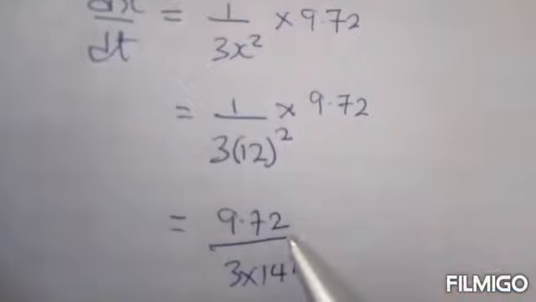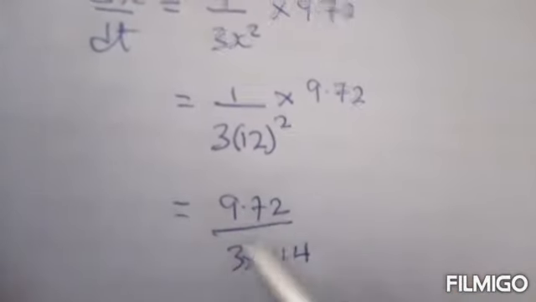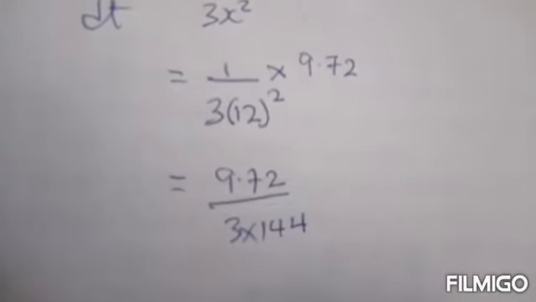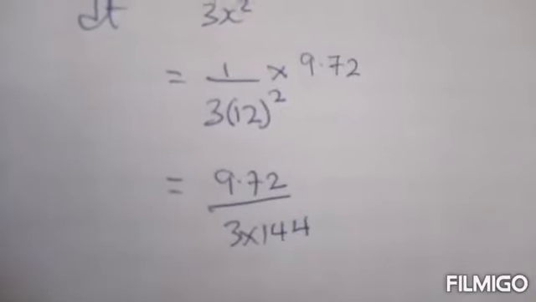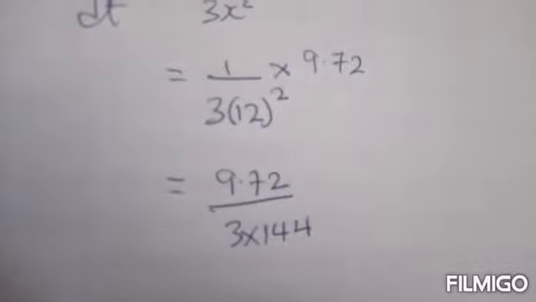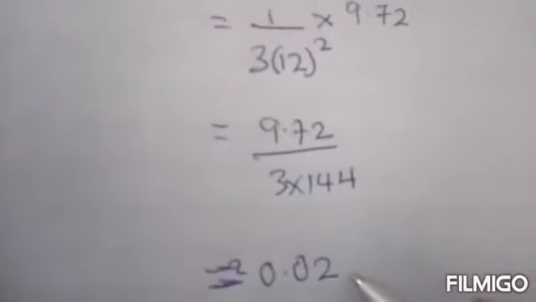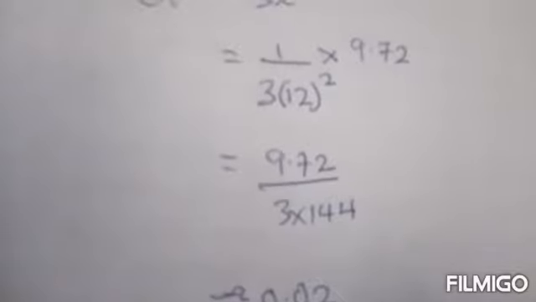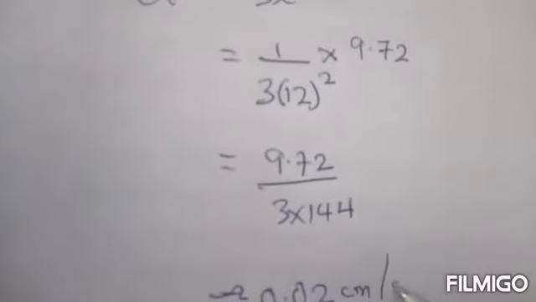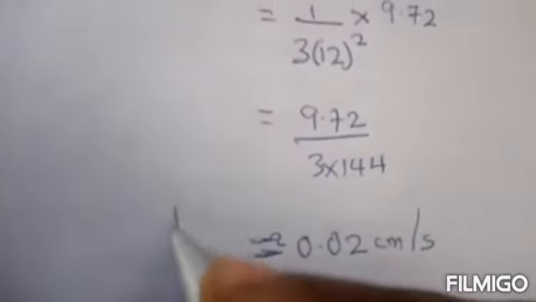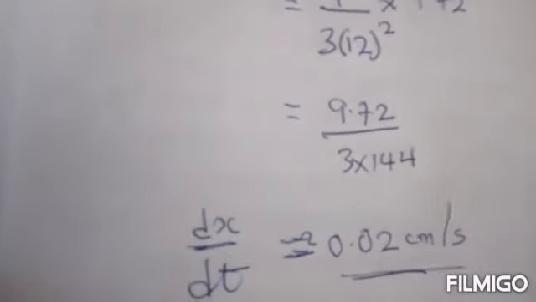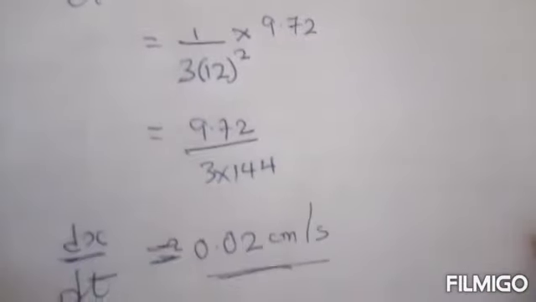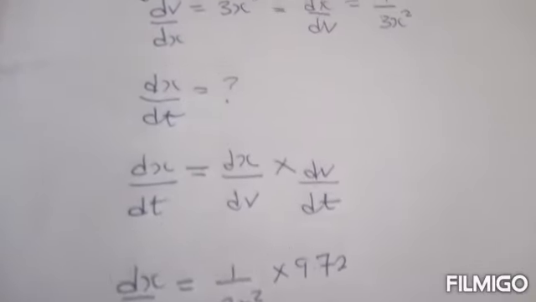If you compute it on your calculator very well, you have a value of 0.02, to 2 decimal places approximately. It is centimeters per minute, since it is rate of change in the side with respect to time. So this is the solution to the question.